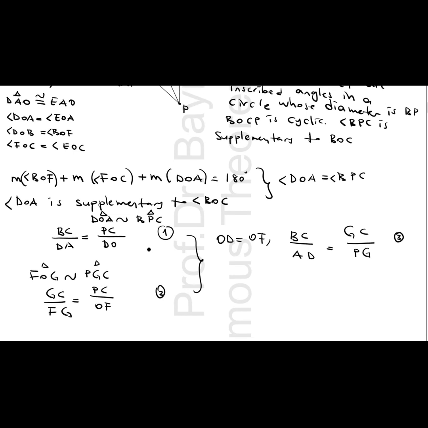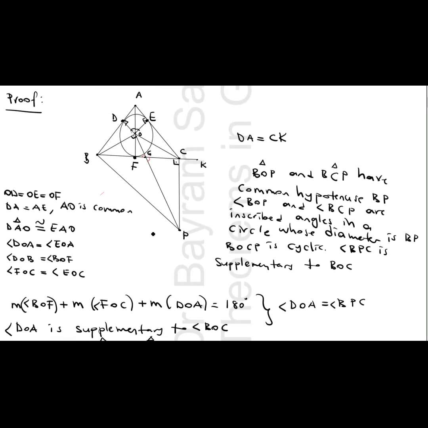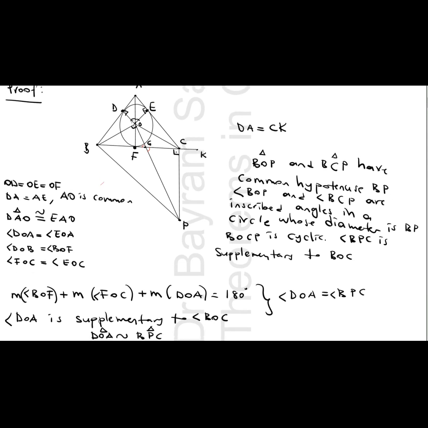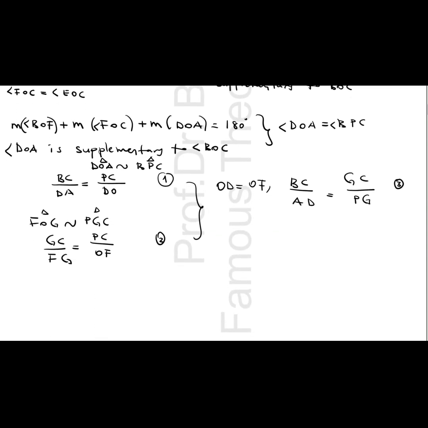Also, in the beginning, we suppose that this CK equals DA. So from here, BC over CK equals GC over PG. Let's say these four.